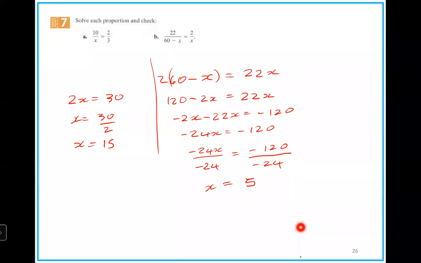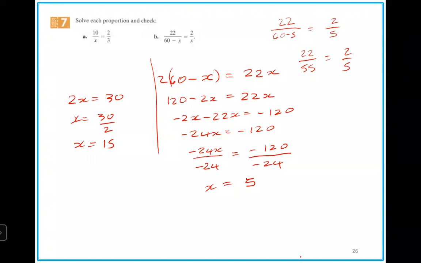And you could always check your answer. You could say 22 over 60 minus 5 is equal to 2 over 5. 60 minus 5 is 55, so you're going to have 22 over 55 equals 2 over 5.